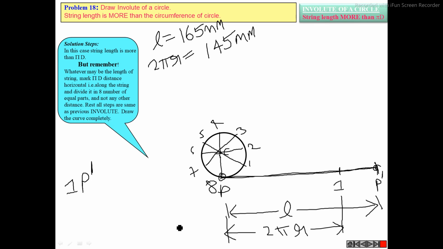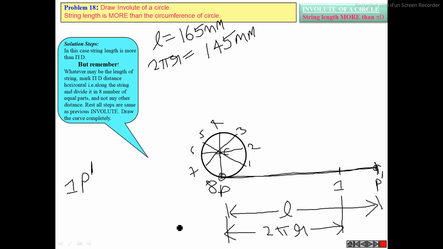But in the last case, 1 and P dash were the same point. In this case, both the 2 points are at some distance. So tell me, which line will you divide by set square method into 8 equal parts? The circumferential length line P1 or the length of the thread P dash?